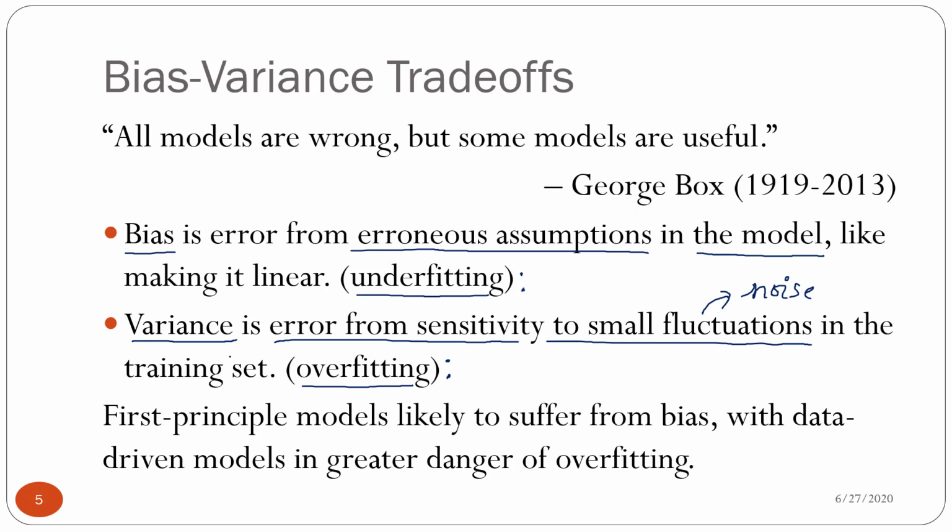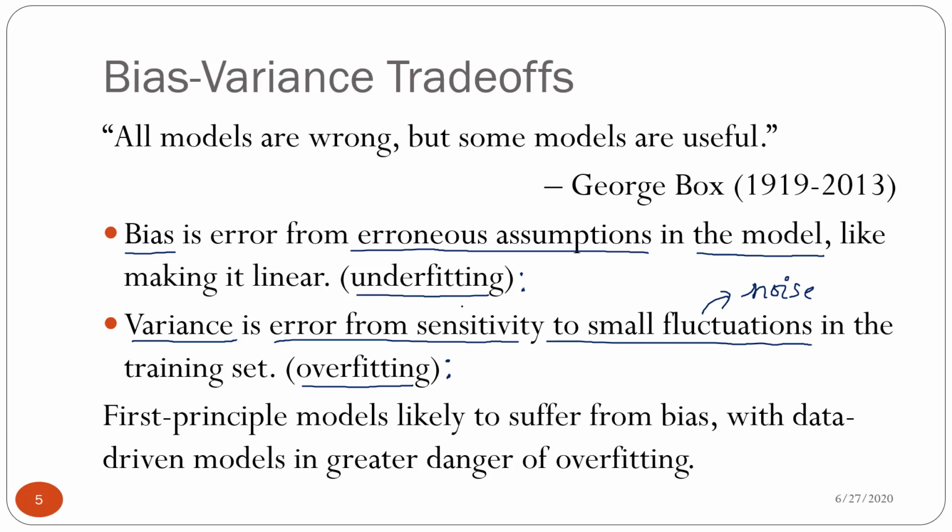So now the point is, what is better? Should we prefer a model with low bias or low variance? The point is that we should pick a model which is giving us a good performance in terms of bias as well as in terms of variance. So we don't want underfitting, we don't want overfitting, we want some compromising solution.